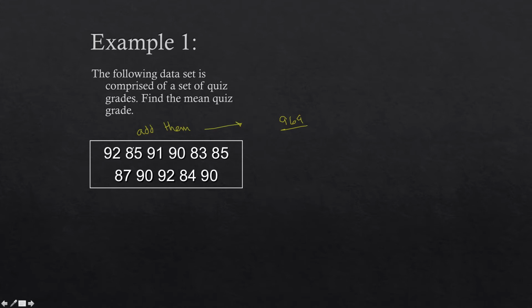Well, there's 1, 2, 3, 4, 5, 6, 7, 8, 9, 10, 11. So there's 11 total numbers there. And so this would be our average quiz grade, or our mean quiz grade. So divide by 11. And so our mean quiz grade, if we round to one decimal place, is 88.1. Okay, so that is what I mean when I say find the mean of these quiz grades.